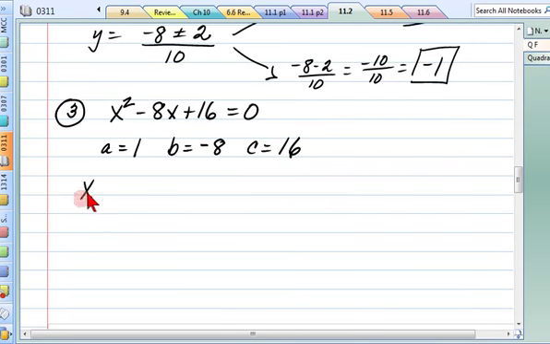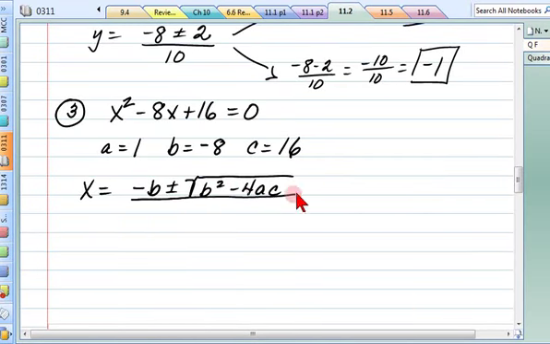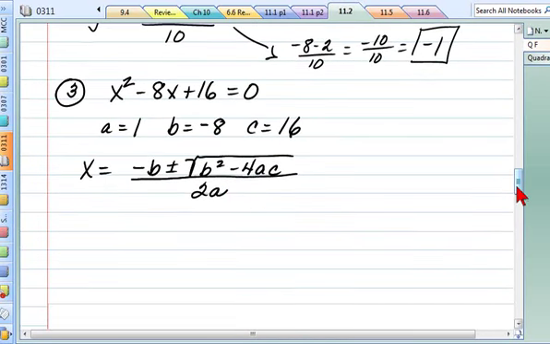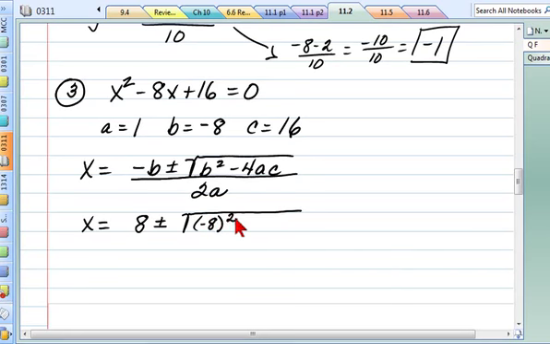All right, I'm solving for x, so x is equal to the formula, negative b plus or minus the square root of b squared minus 4ac, all over 2a. x is equal to, when it says negative b, and the b value is negative, that means that you write down positive 8 plus or minus the square root of negative 8 in parentheses squared minus 4 times 1 times 16, and all of that over 2 times 1.